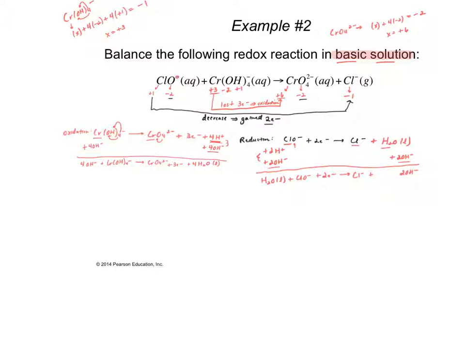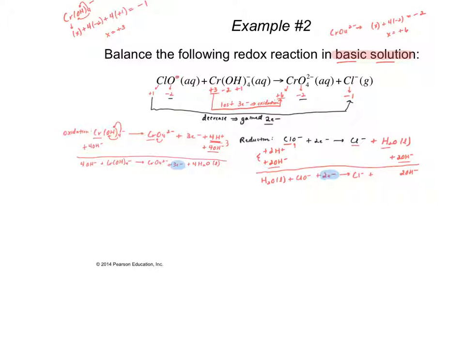One thing to note is that our oxidation process loses 3 electrons. Our reduction process gains 2. These have to be equal, so we can balance the charges by multiplying each reaction by whatever number is necessary so that the number of electrons overall is the same.